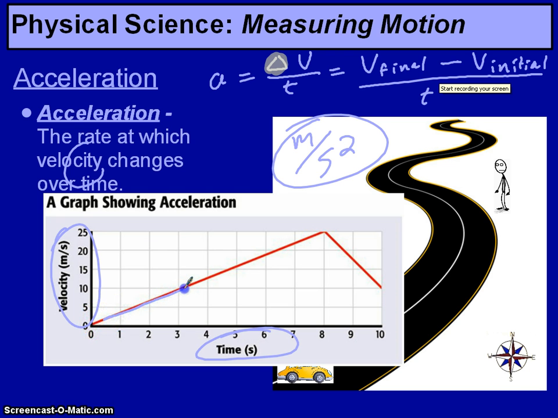You can see this red line right here. It's increasing from 0 meters per second all the way up to 25 meters per second, and then it's going down again. So what you see here is acceleration and deceleration.